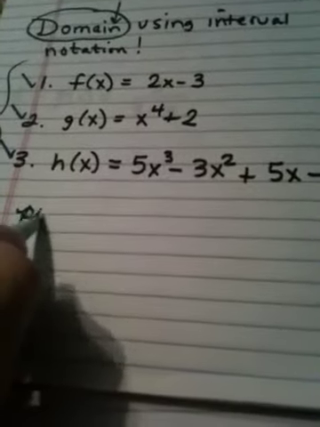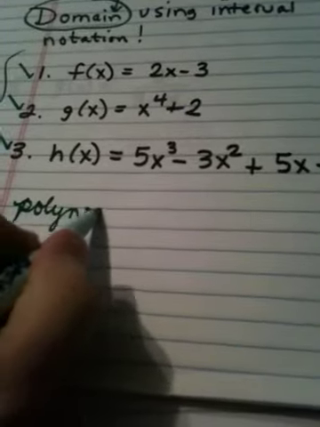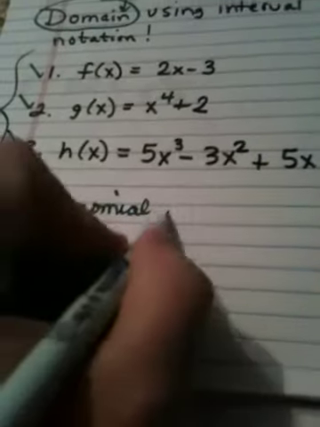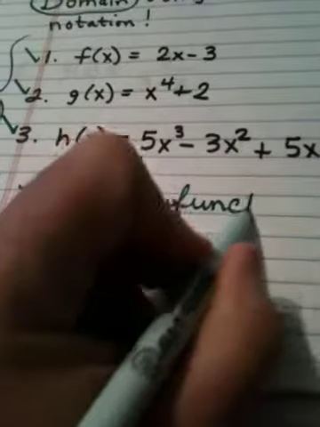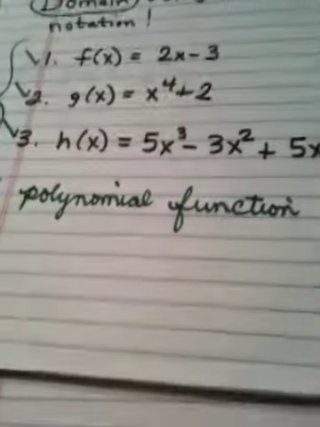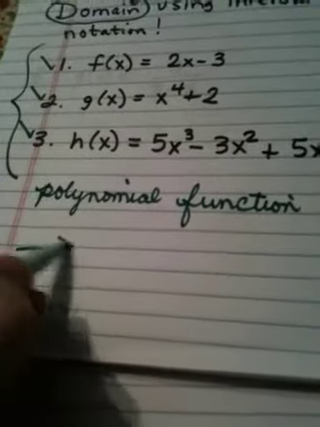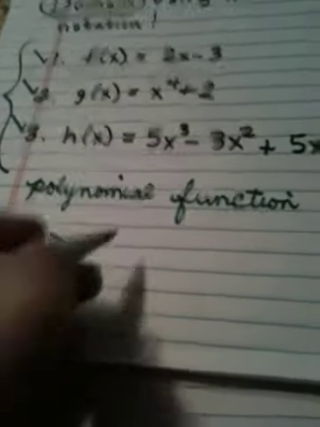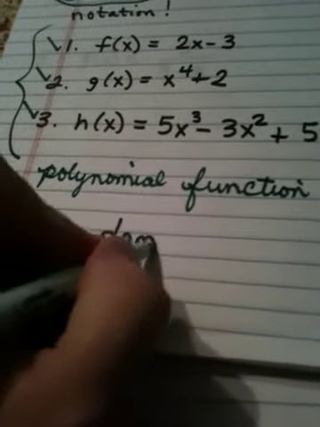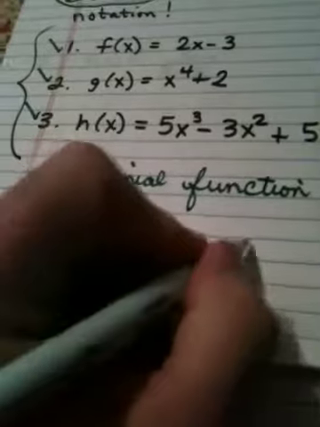Any. So, here's the deal that I want you to get in your brain. Anytime you recognize that a function's a polynomial function, you can make this conclusion. The domain is going to be all real numbers.